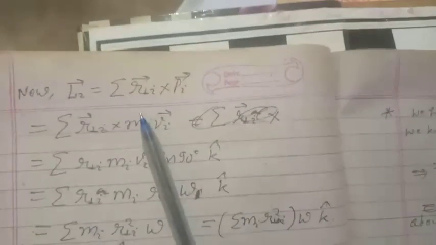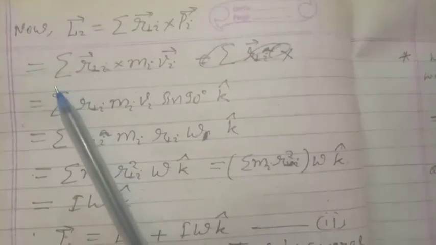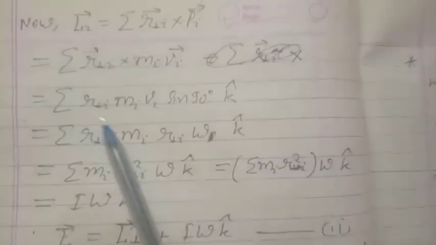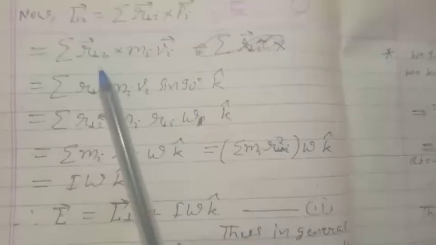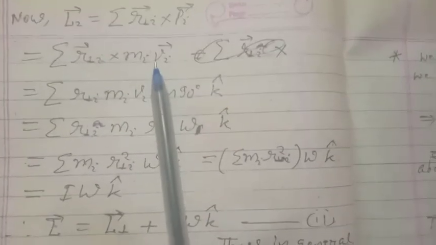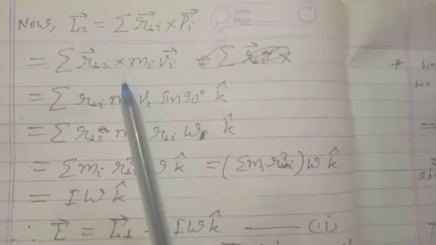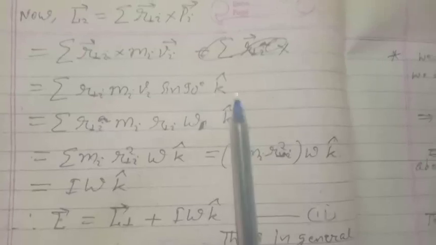Now LZ vector equals sigma r perpendicular i cross pi vector, equals sigma r perpendicular i cross mi vi vector, equals sigma r perpendicular i mi vi sin 90, since r perpendicular and v vector are perpendicular to each other. So taking cross product, we have sin 90 k cap.